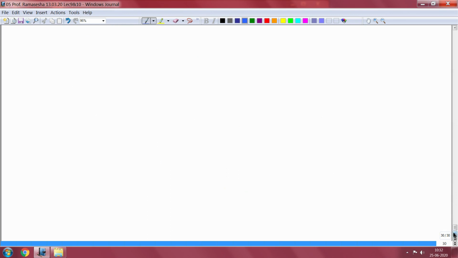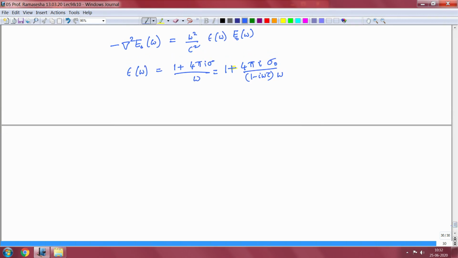So this can be simplified a little further to obtain epsilon omega is equal to 1 plus 4 pi I sigma naught divided by omega minus I omega squared tau.